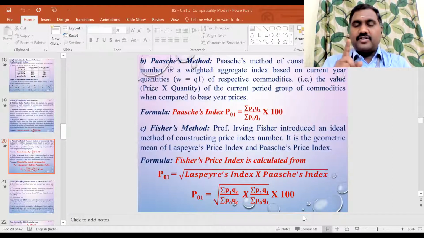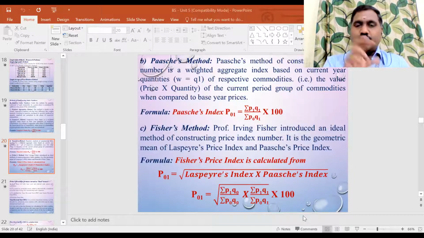Okay, already we worked out the simple method, that is over. Now the weighted index method. Under the weighted index method, the first method is the weighted aggregate method. Under that, there are three methods: Laspeyres', Paasche's, and Fisher's. Yesterday we solved problems under Laspeyres' and Paasche's methods. According to the formula, you multiply the price and quantity.